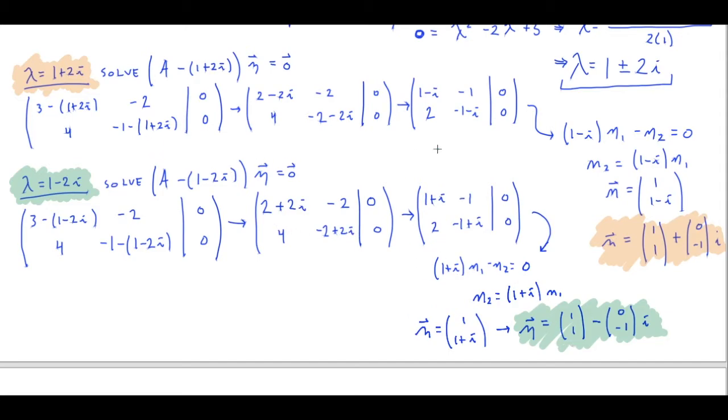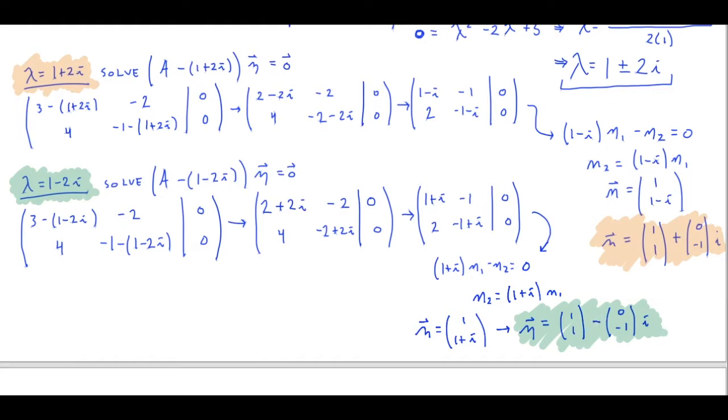Once I have found one eigenvector, I know that the other eigenvector will be the conjugate of that one. Also, I'll just point out that I have intentionally written these in such a way that this sign agrees between the eigenvector and the eigenvalue that it was derived from. And that's true for this pair as well. Here there's a negative between the two, therefore there's a negative between these two vectors.